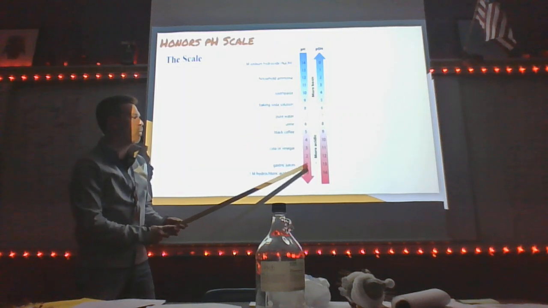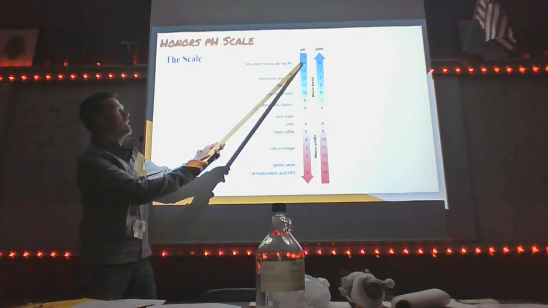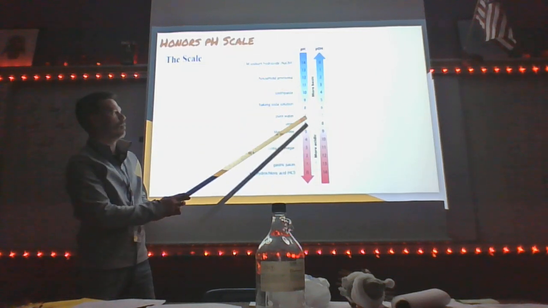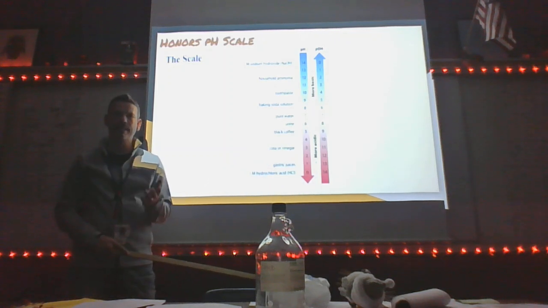So 0 and 1 are the most powerful acids, while 13 and 14 are the strongest bases. And again, right in the middle is the safest area.